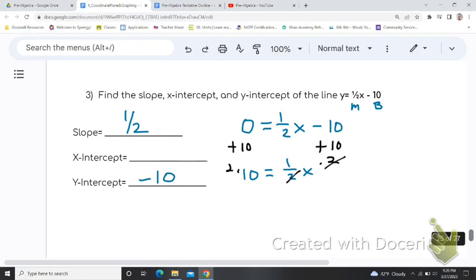That way that would cancel, just give me 1x, or simply x, and 2 times 10 is 20. That might seem a little big, but in this case, it's correct. Alright, so that's how you find the slope, the x-intercept, and the y-intercept from an equation that's in slope-intercept form.